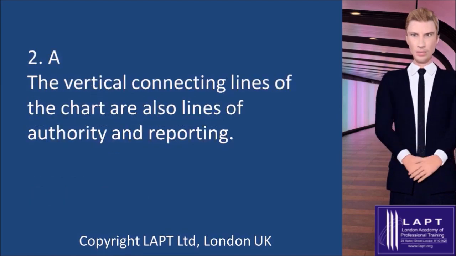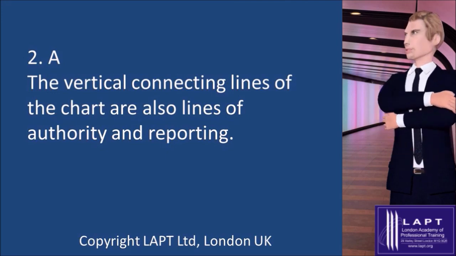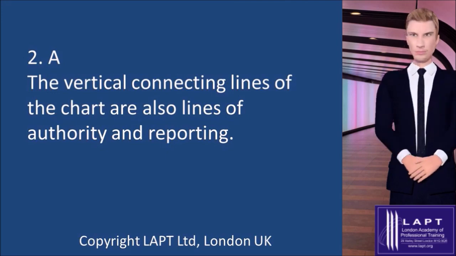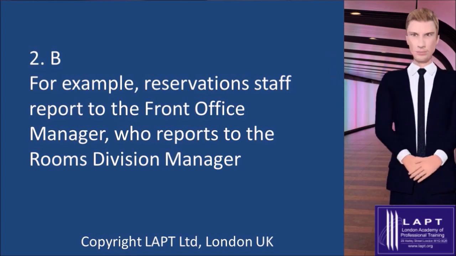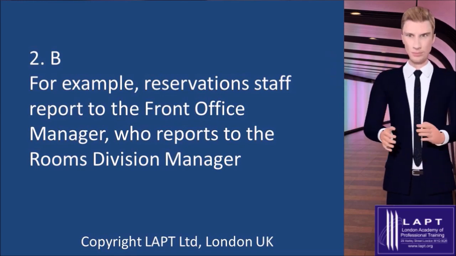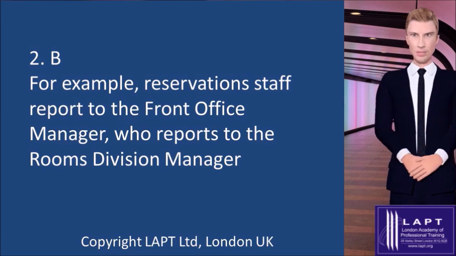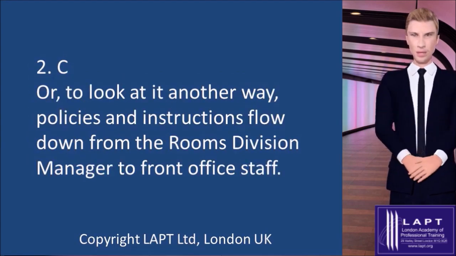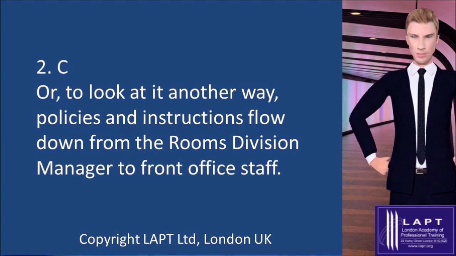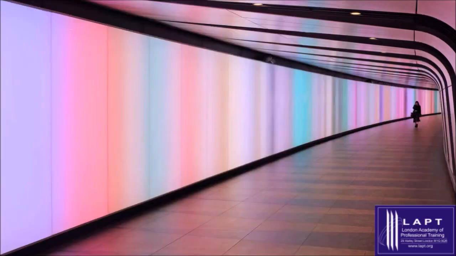The vertical connecting lines of the chart are also lines of authority and reporting. So, for example, reservations staff report to the front office manager, who reports to the rooms division manager, or, to look at it another way, policies and instructions flow down from the rooms division manager to front office staff.